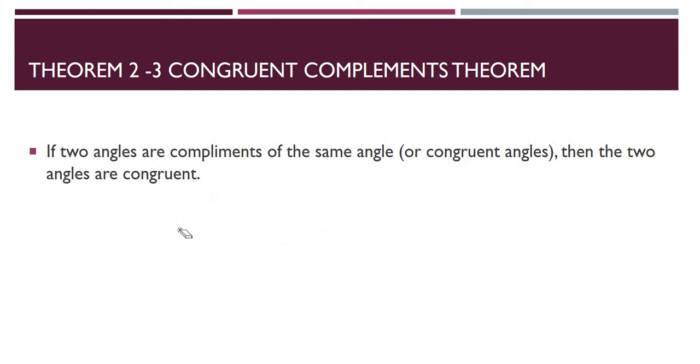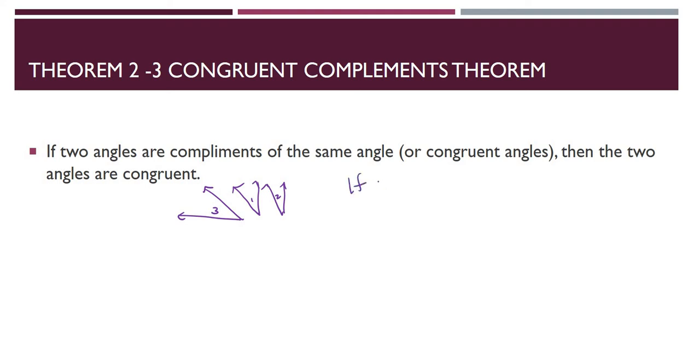This is the first one. If two angles are complements, so let's say we have an angle 3 here, and then I have a complement, 90 degrees, and another complement, then 1 and 2 are congruent.